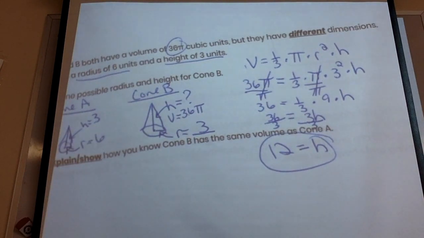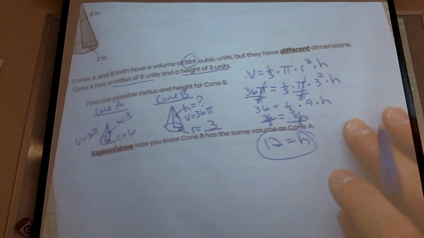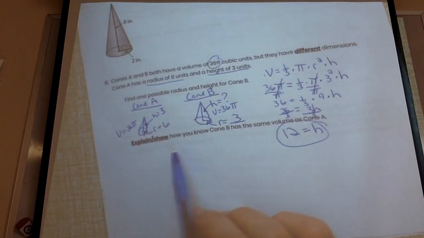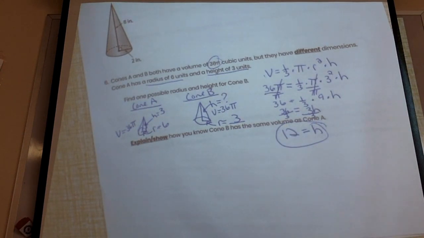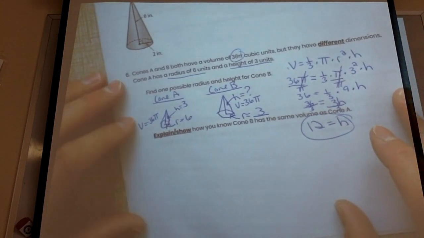Okay, to show that these are all equal, the next question is saying, how do you know cone B has the same volume as cone A? So what we can do is just set them equal to each other.